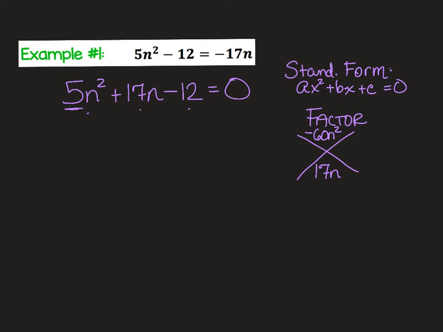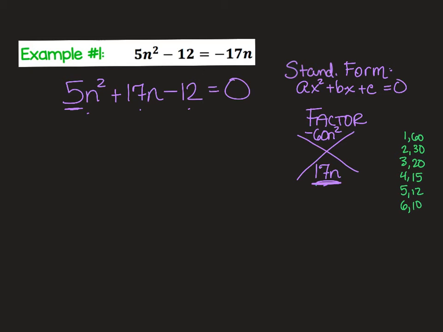Since the product of the first and the last term is negative, that means that we're, in a sense, subtracting to get this. So when you have big numbers like this, I want to remind you, in case you've had issues with this before, you should list out all of those factors for this. So like 1, 60, 2, 30, 3, 20, 4, 15, 5, 12, and 6 and 10.